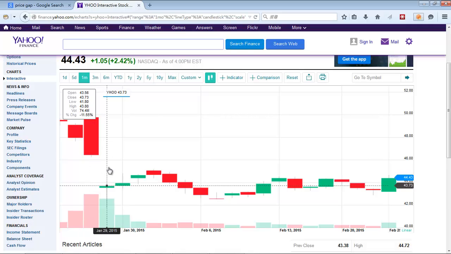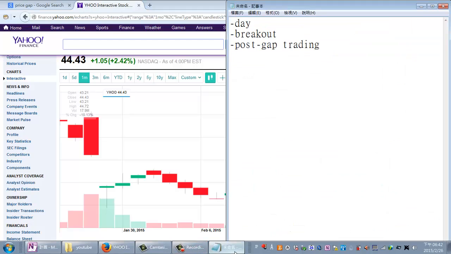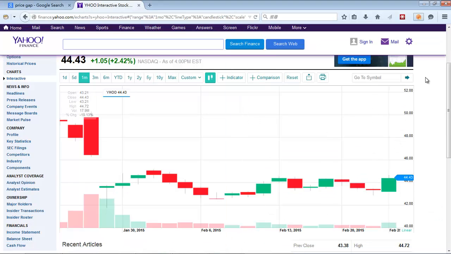The 2 candlesticks disconnect. Now, when I'm talking about day trading gaps, what I'm talking about is buying or shorting a large amount of stock so that the gap closes and then taking that profit. Here's how it works. Let's say that yesterday, Yahoo closed at 43.38.